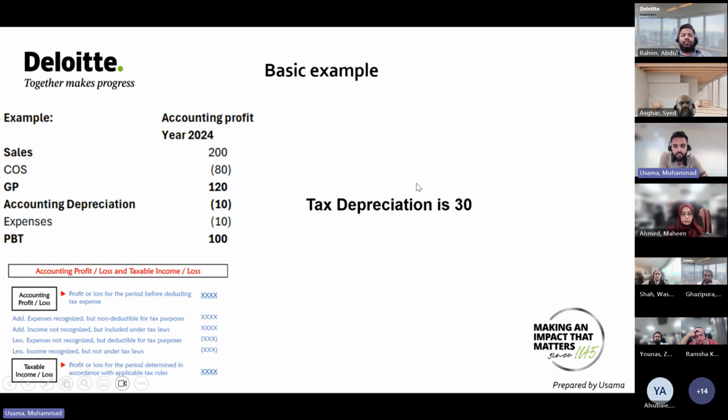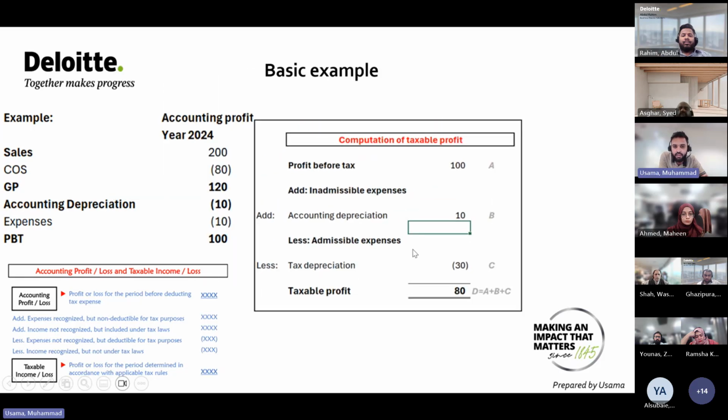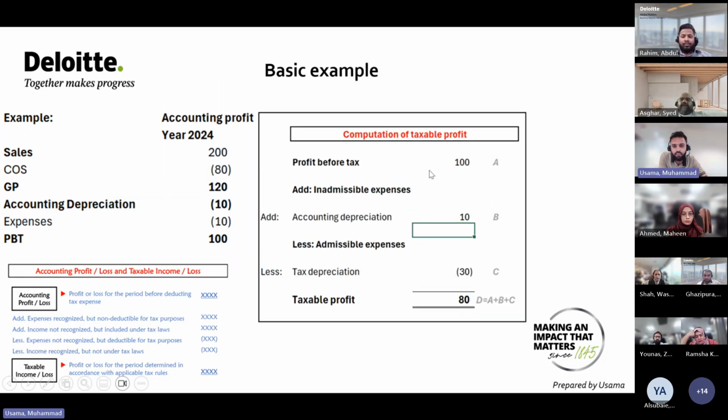Then the actual depreciation we need to recompute, which is 30. So ultimately, we will be at 80. Here I have made a computation for this. So basically, the taxable profit is 80, and the tax will be paid on 80, not 100.